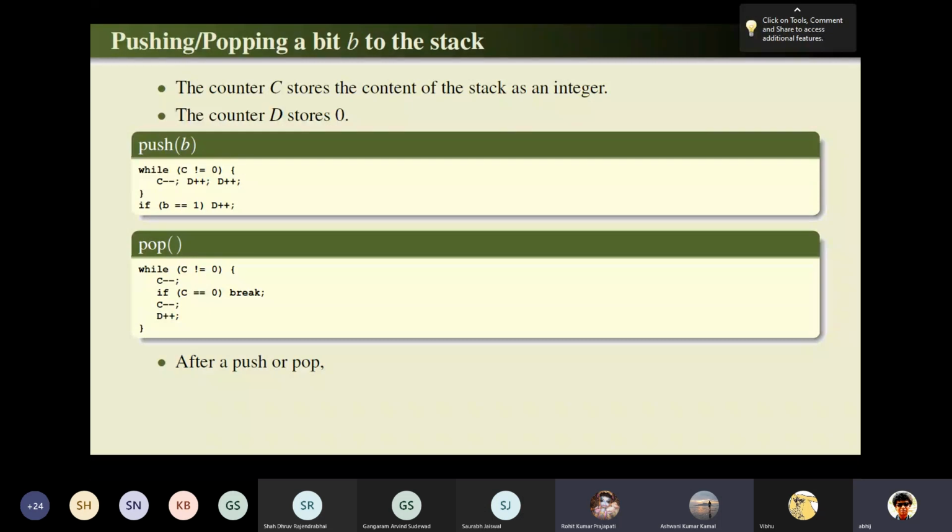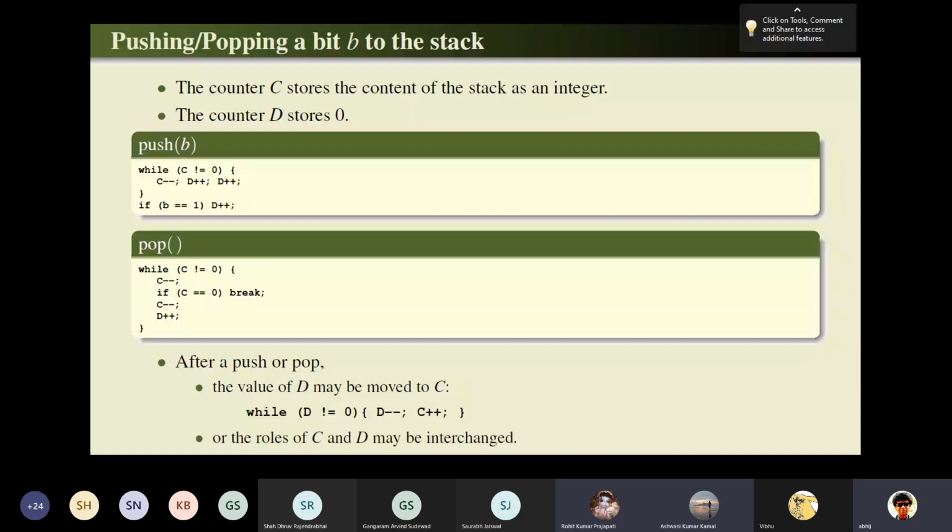One possibility is that I move the value of D to C once again by a loop like this: while D is not equal to 0, decrement D, increment C. Then the value of D will go to C, and D becomes 0 again. Can you visualize this? Or another option is, instead of doing this, I will just switch the roles of C and D.